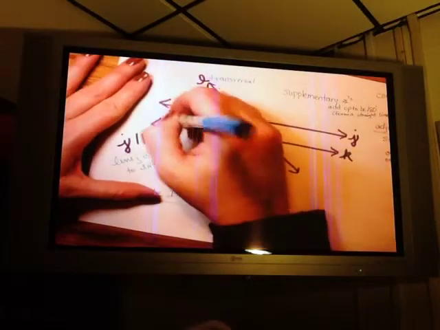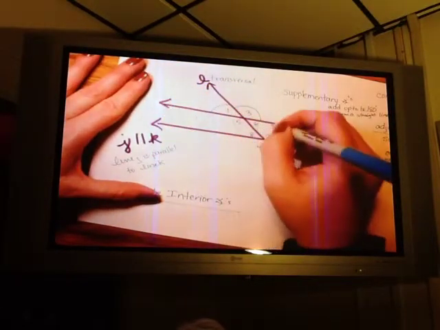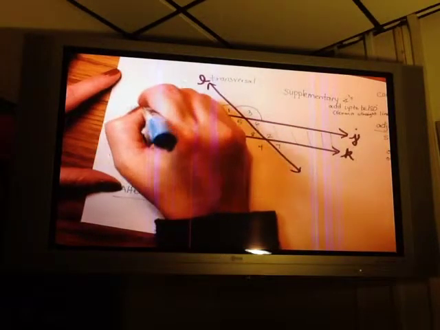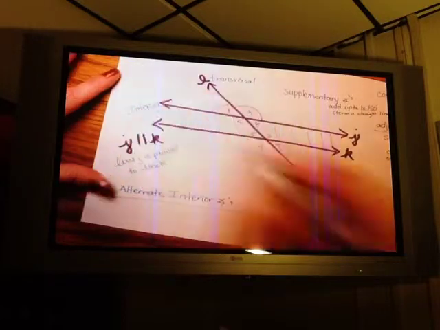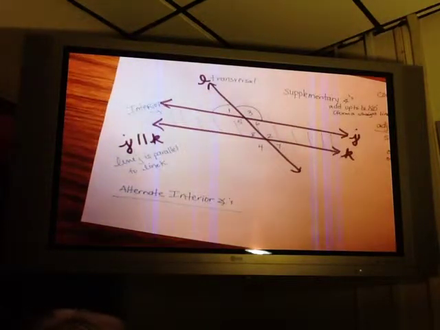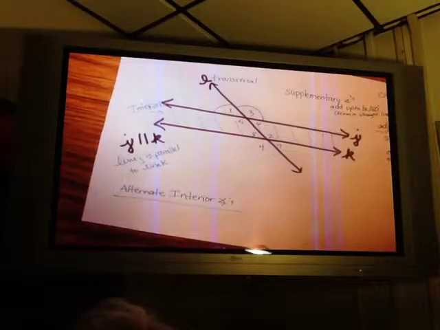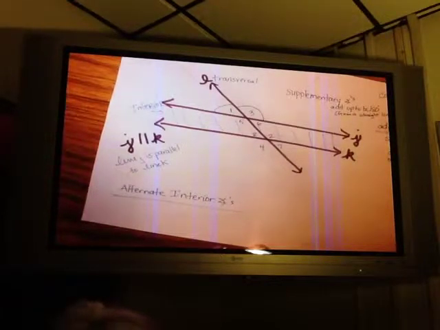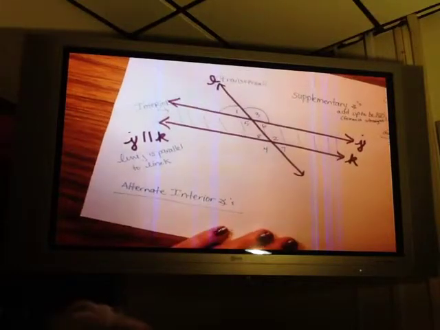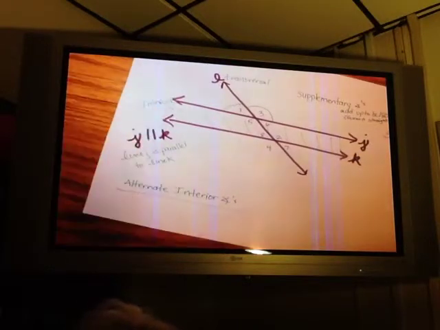Just mark it and draw an arrow to make sure we know that's the interior, just like the interior of your car or your house. If you have an interior decorator, they're decorating the inside. So if you're talking about the interior, you're talking about only those 4 angles.